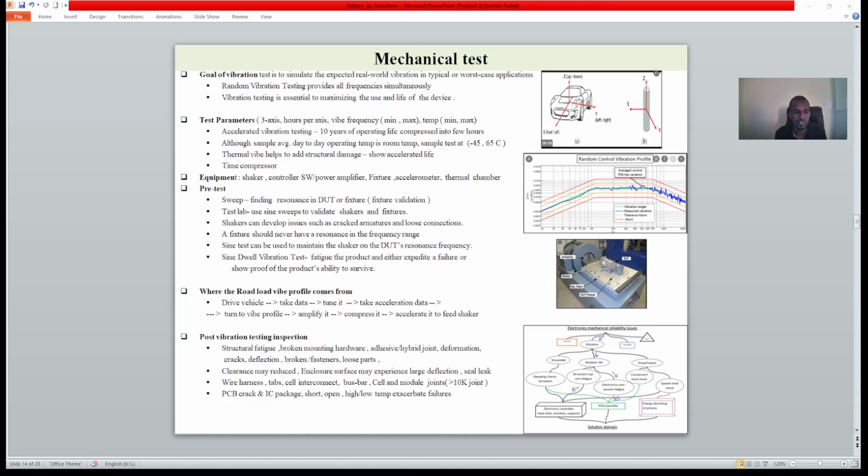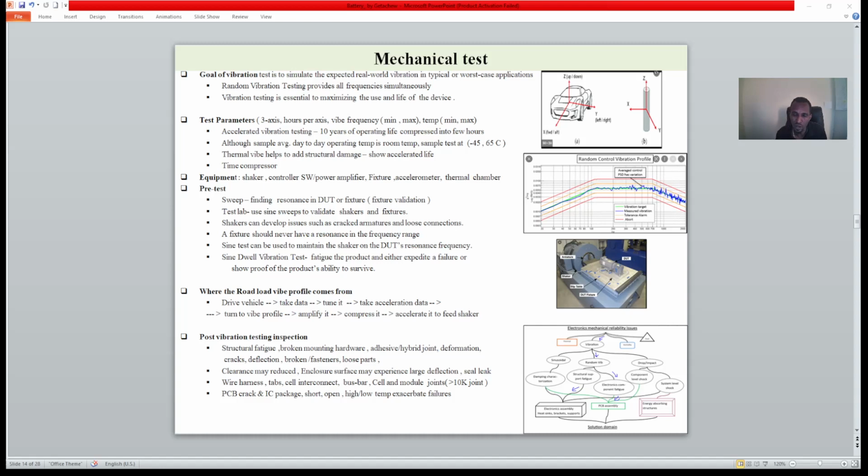But where did the profile come from? So let's talk about the profile. Most of the time, the engine has a very aggressive mechanical vibration profile. But for your components, depending on where in the vehicle, it can be less or higher.